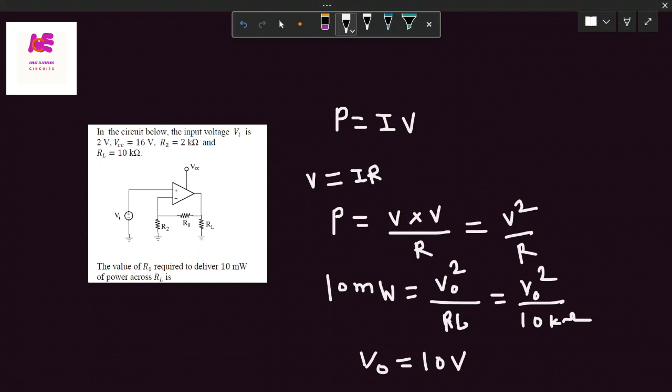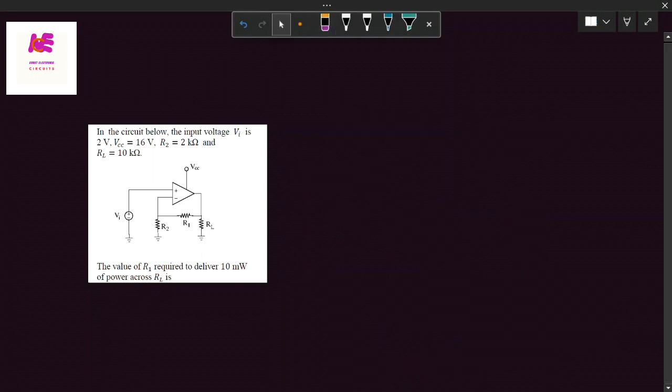Now let's calculate the exact value of R1, which is asked in the problem. In this problem, the input voltage Vi is applied at the positive terminal, that is nothing but the non-inverting terminal. So this amplifier is non-inverting type amplifier. You know the gain of the non-inverting amplifier. So gain is equal to 1 plus the feedback resistance is R1.